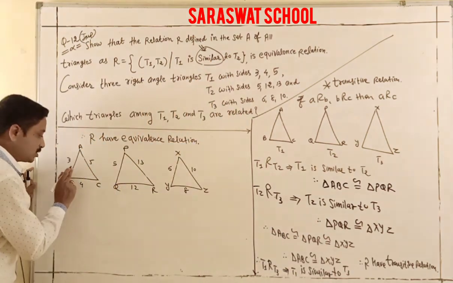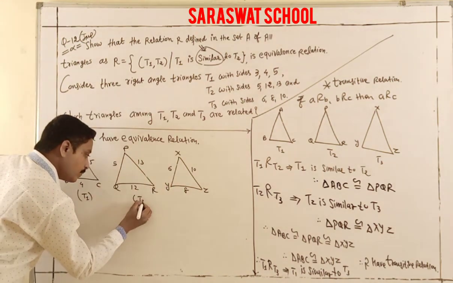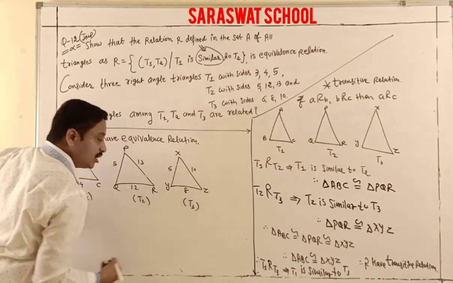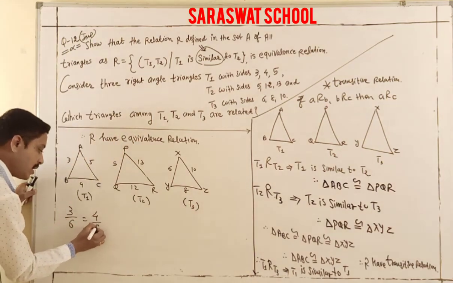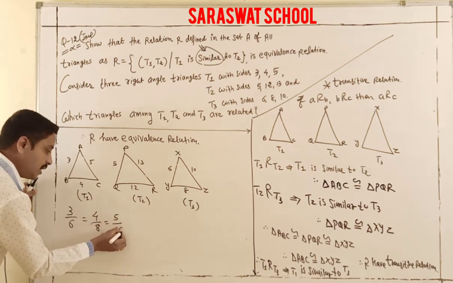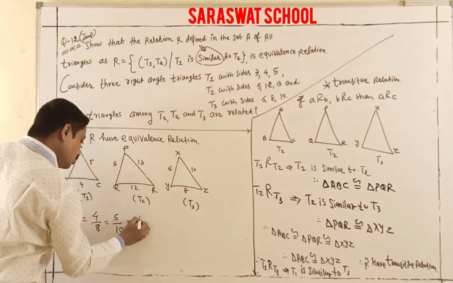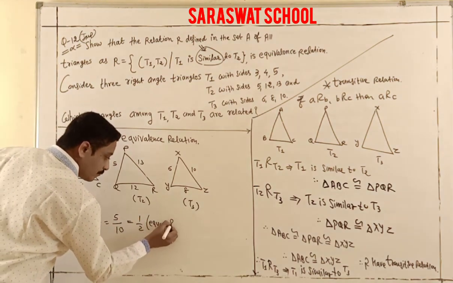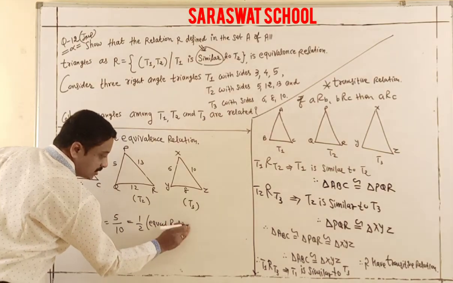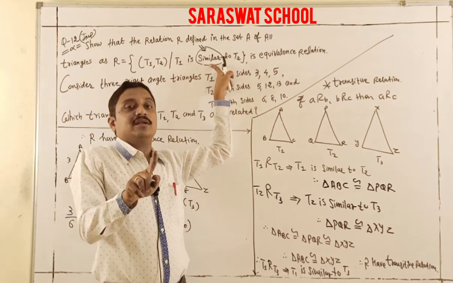So taking the ratio of the first and last, T1 and T3, we write 3 by 6, 4 by 8, 5 by 10. They have equal ratios, so they are similar to each other.